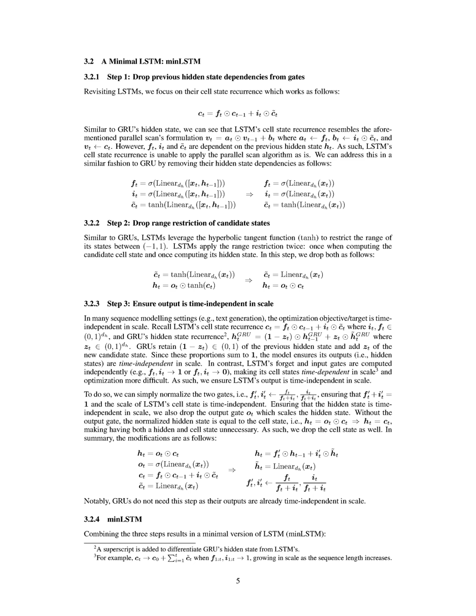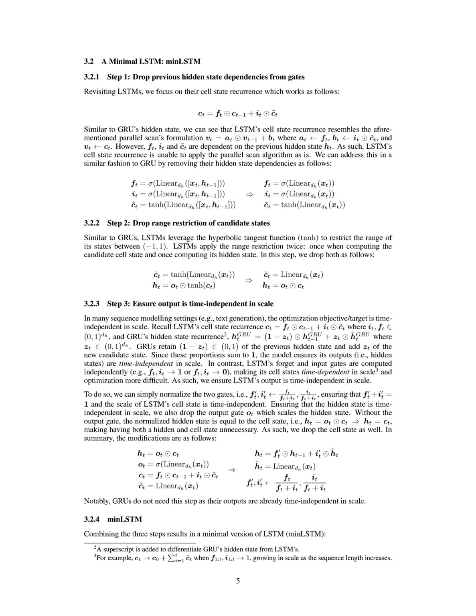Both minLSTM and minGRU can be trained in parallel using the parallel scan algorithm, resulting in a training speedup of 175 times for minGRU and 235 times for minLSTM on a sequence length of 512 compared to their traditional counterparts.